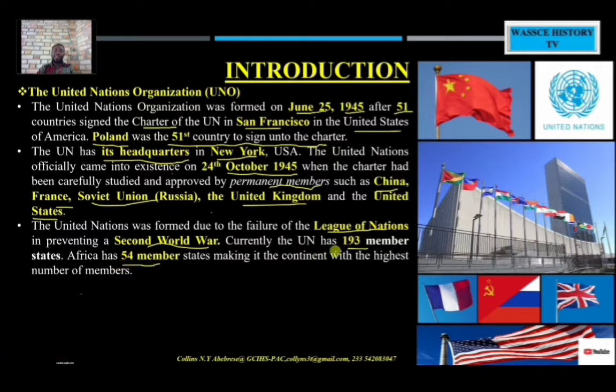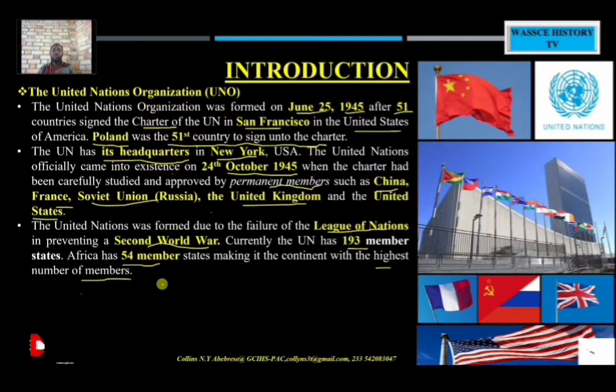Interestingly, Africa has 54 members of the 193, making Africa the continent with the highest number of members. And it will interest you to know that Africa, being the continent with the highest number of member states, has no representative among the permanent members.